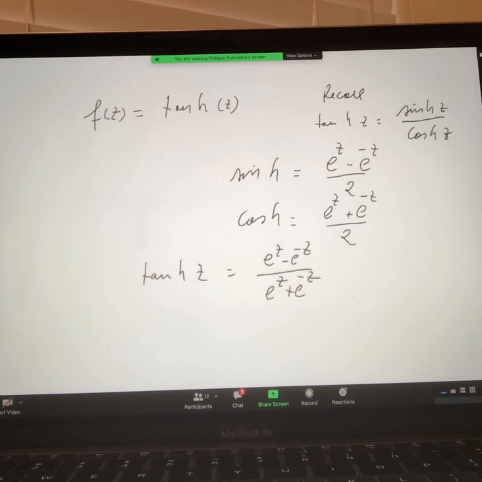So we need to show that the singularities are poles, we determine the multiplicity, and we compute the residue. To help you figure out the multiplicity, now a pole is usually any value of z that will make the denominator 0.